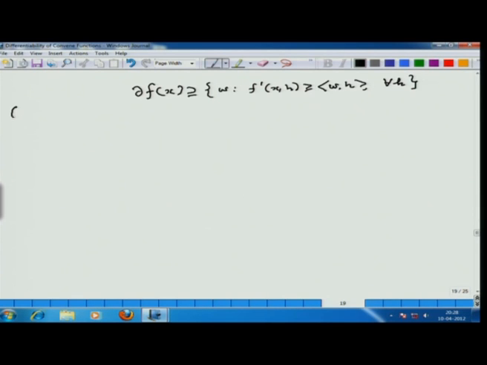Now, I will leave this as homework. This is indeed true. So here comes the beautiful relation between the subdifferential and the directional derivative.